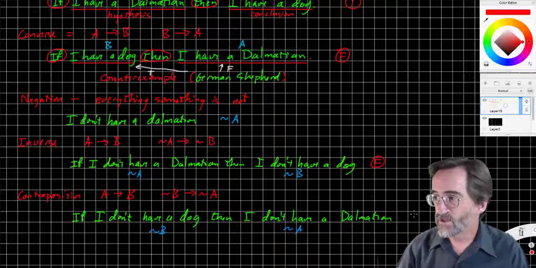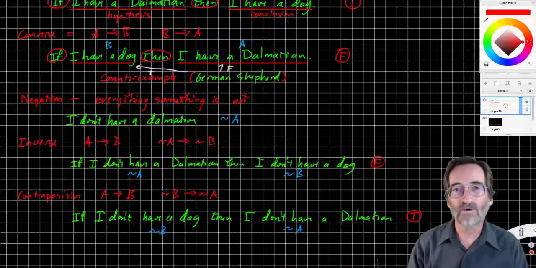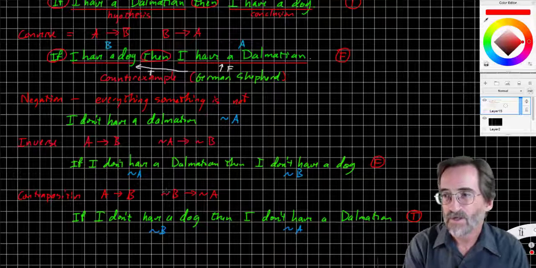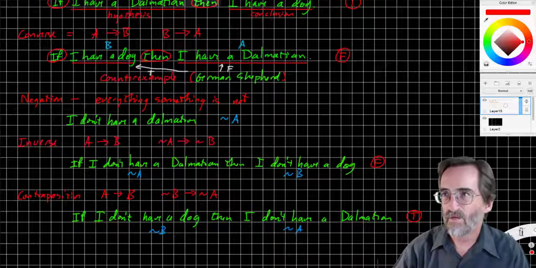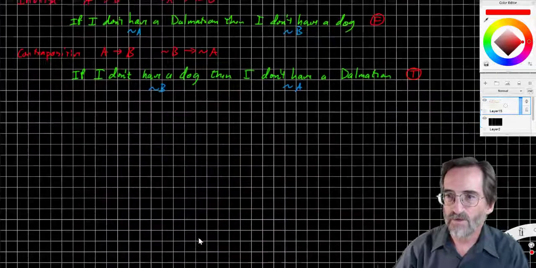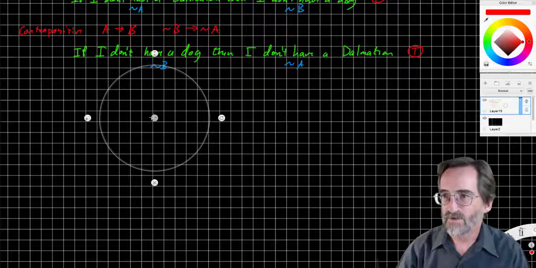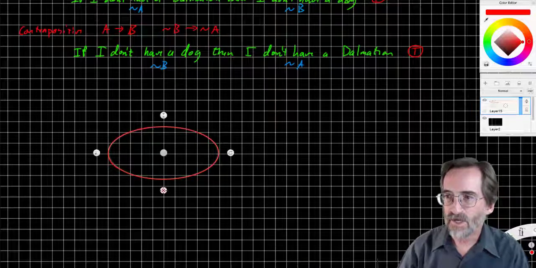And you'll notice it's true because the original statement was true. The contrapositive and the original statement always have the same truth value because they're logically equivalent. Okay? Let's represent this in a little bit of a Venn diagram, if you will. The Venn diagram helps to make sense of the situation quite a bit. Dalmatians are a type of dog.